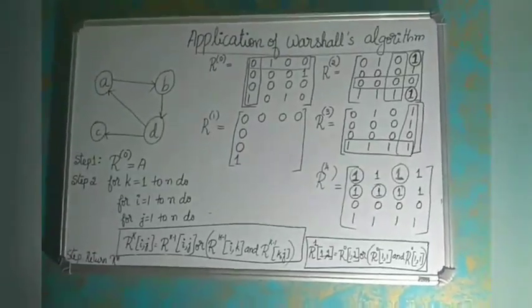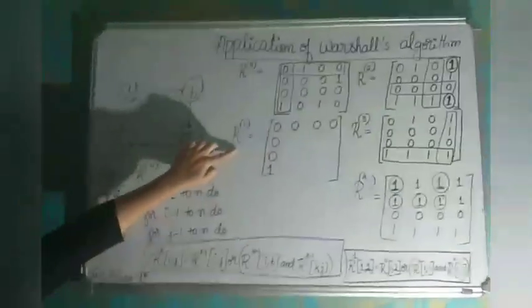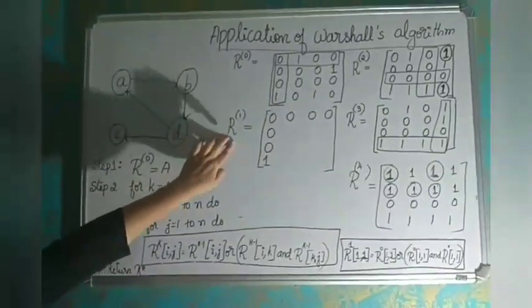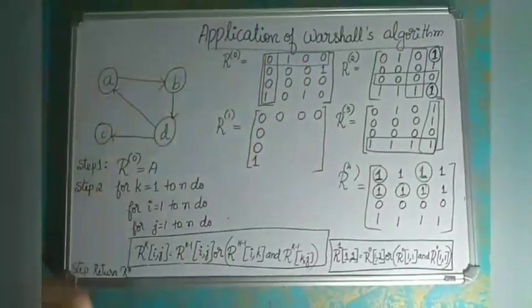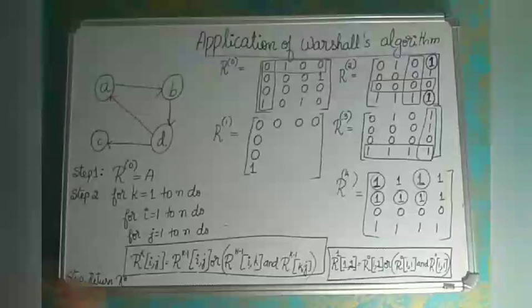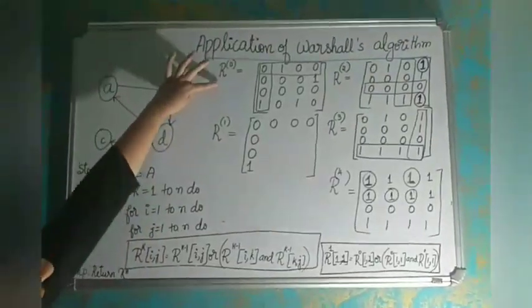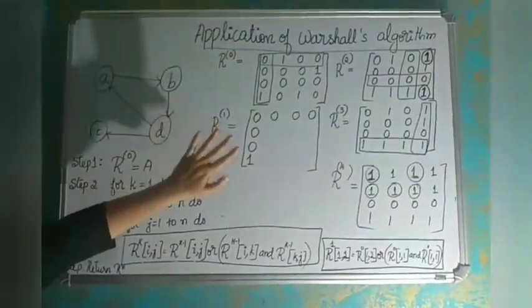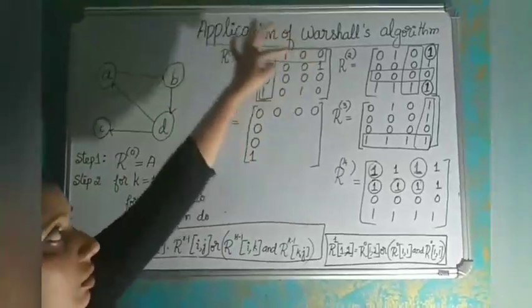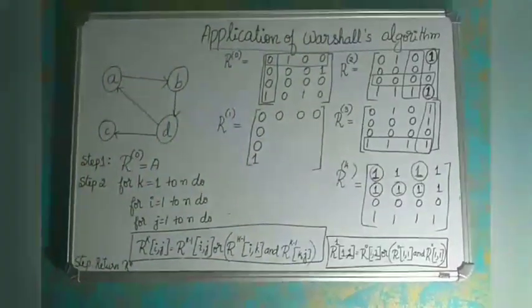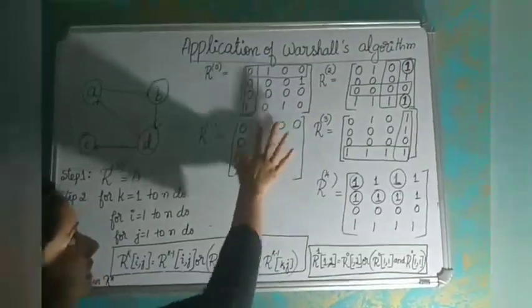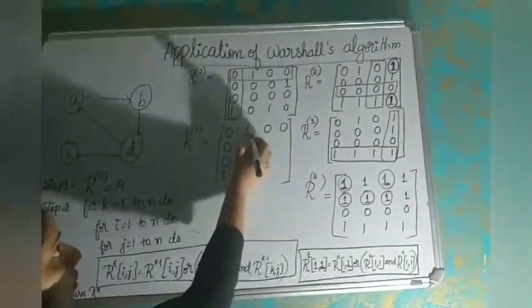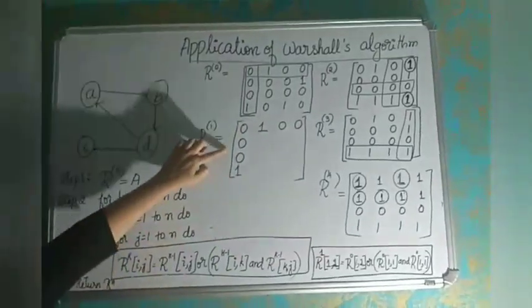The observation is, when you come from R0 to R1, there will not be any change to the first row and the first column elements. That is why I have written these elements as it is: 1, 0, 1, 0, 0 and 0, 0, 0, 1.